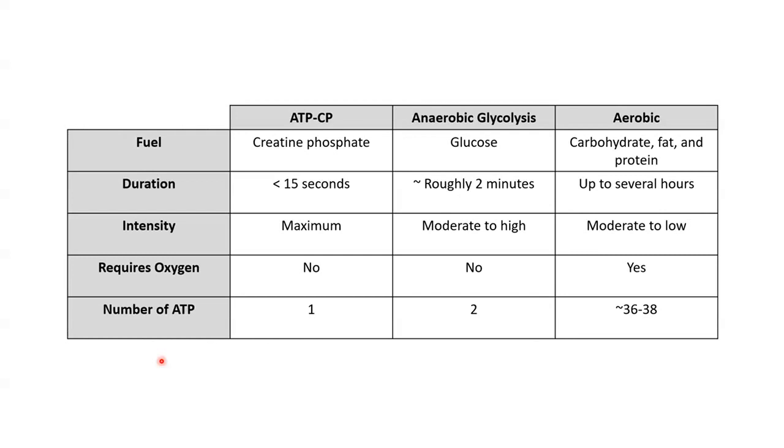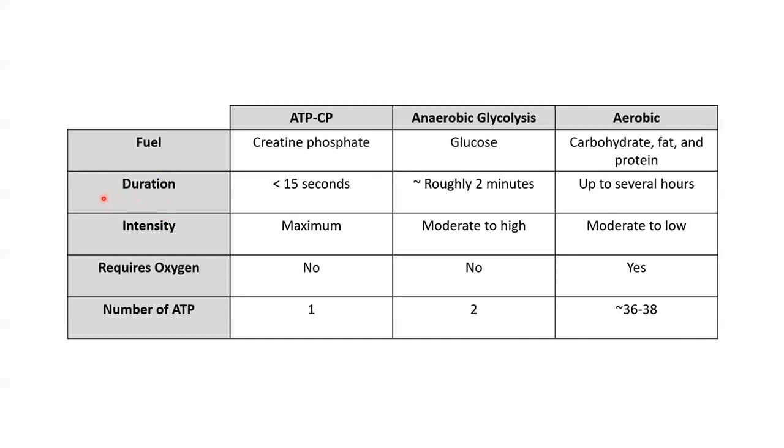Again, on our last slide we have a table, because I think tables are a really nice way to summarise a few slides of information into one image. In this table, we have our 3 energy systems, and we have the characteristics of each of those energy systems that's important for you to know. Firstly, for each system, I would like you to know the fuel that system uses to produce ATP.